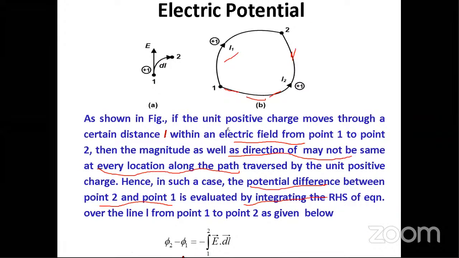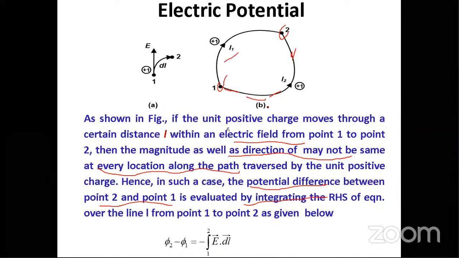So this is basically the equation. Suppose you want to find out the potential difference between 1 and 2, and they are located L meters apart. For that case, find out the potential difference between these two. If you know the elemental potential between point 1 and 2, that is basically E into dl.